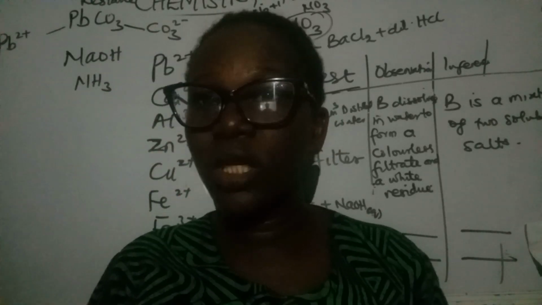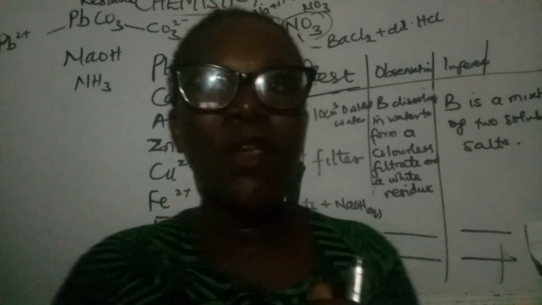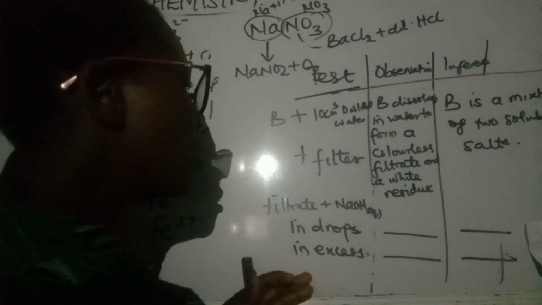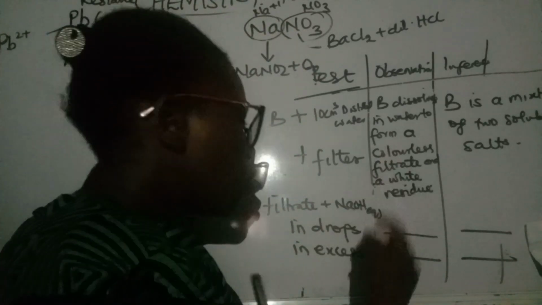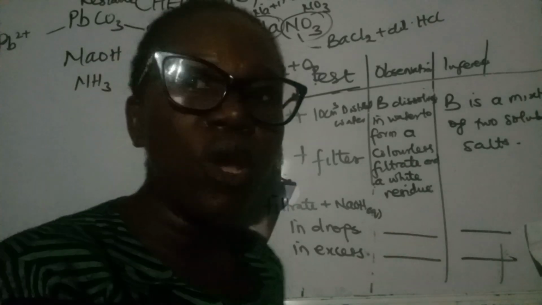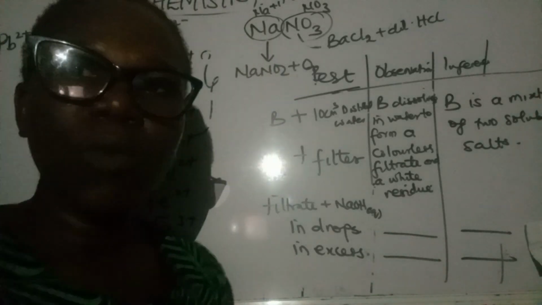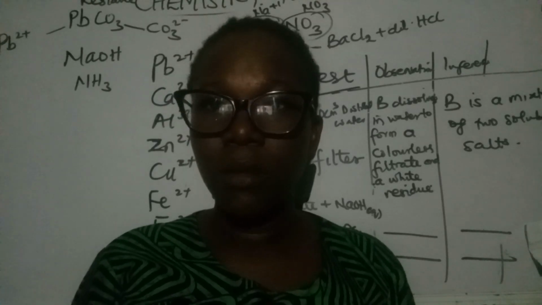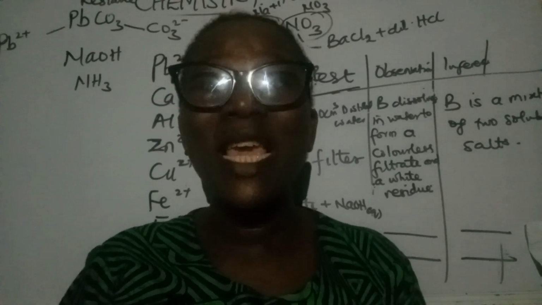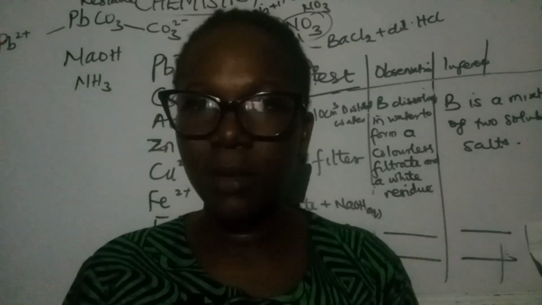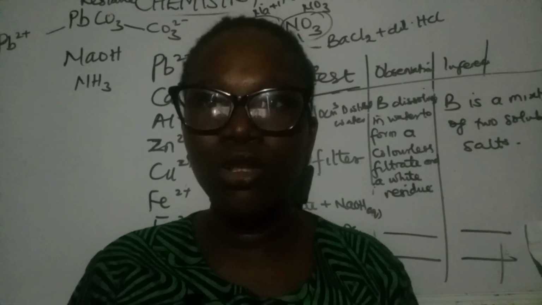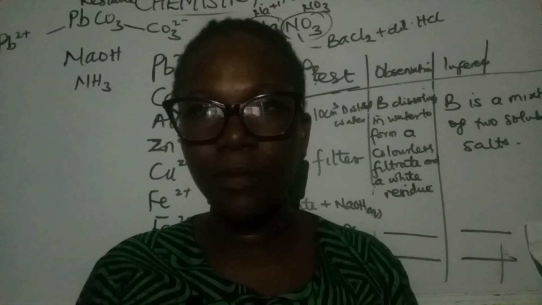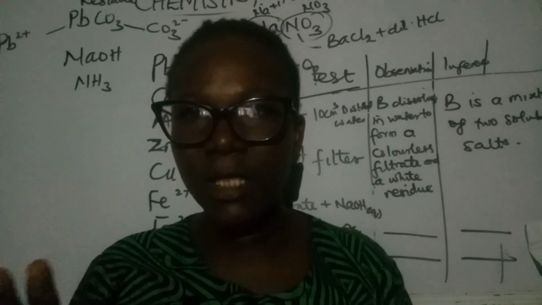If there's no color change, then you write a colorless and odorless gas, which makes a pop sound, which rekindles a glowing splint, and it is neutral to litmus paper. Those are the 4 aspects of the test.